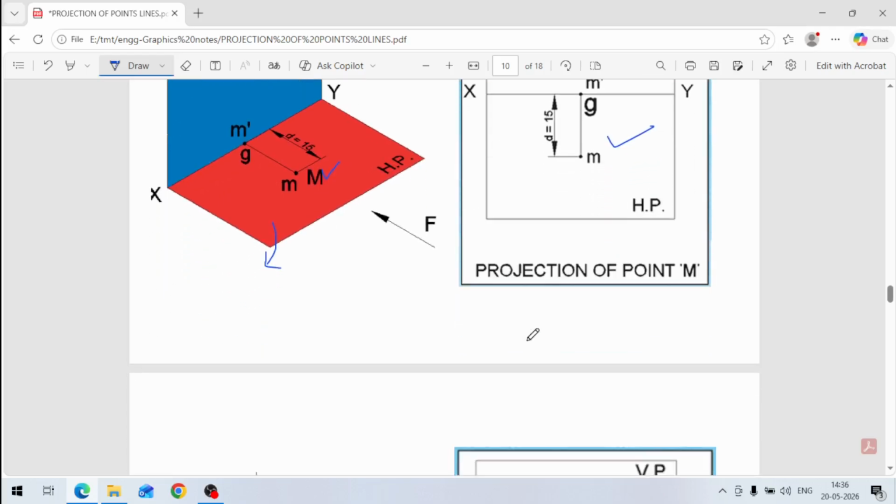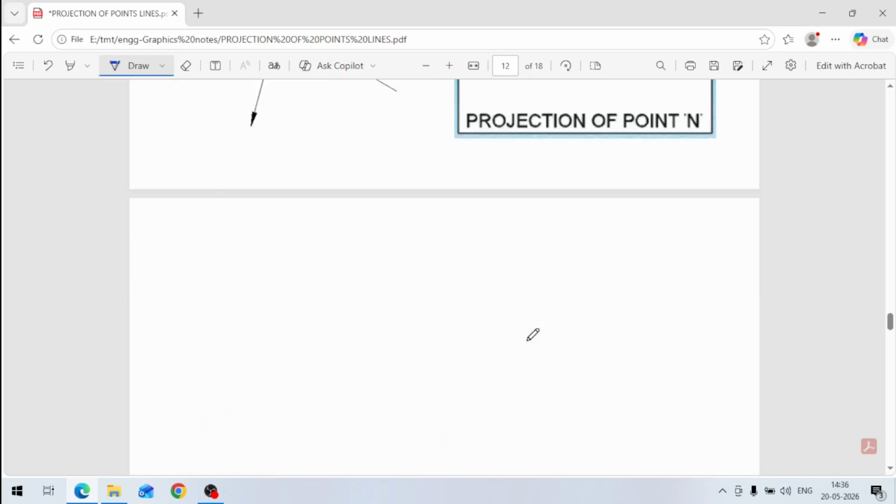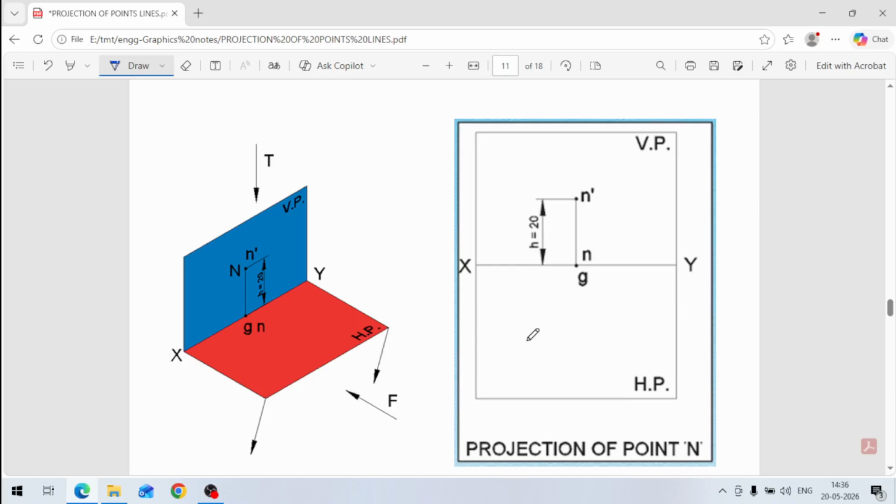Similarly, next case, if you see here, is the projection of point N. This is point N. This point N is in the vertical plane only. So there is no projection on the horizontal plane, because the point is in one plane only. That means if I look from the side, if the point is somewhere here, then it is in both planes and the projection will be in both planes.